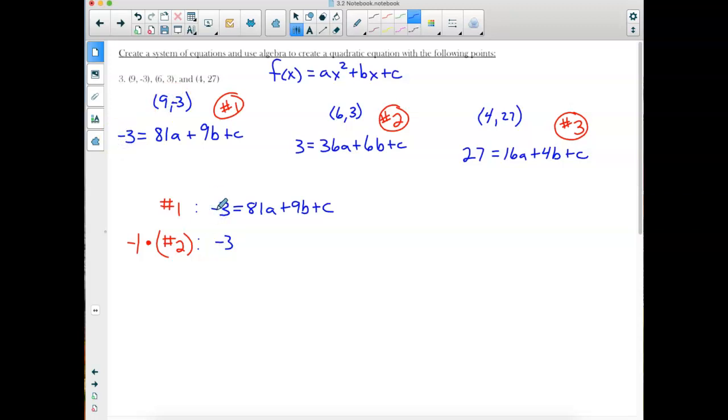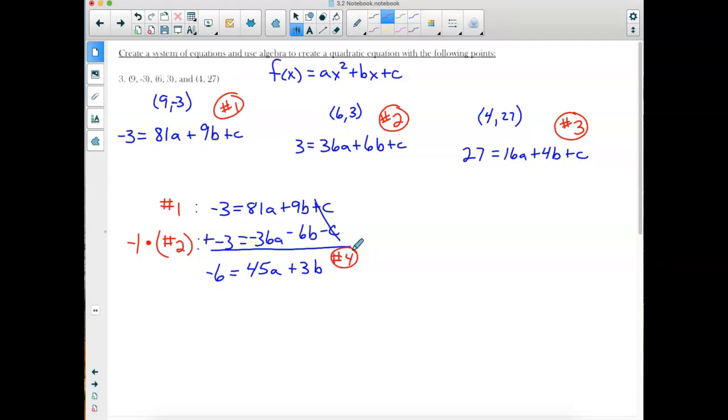So that's negative, and that's going to equal -36a minus 6b minus c. When I add these, I eliminated my c's, and I get -6 equals 45a plus 3b, and I'm calling that equation number 4.